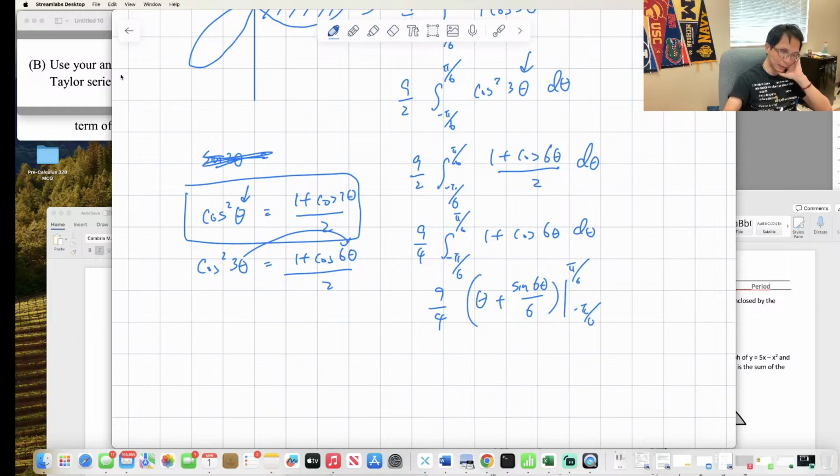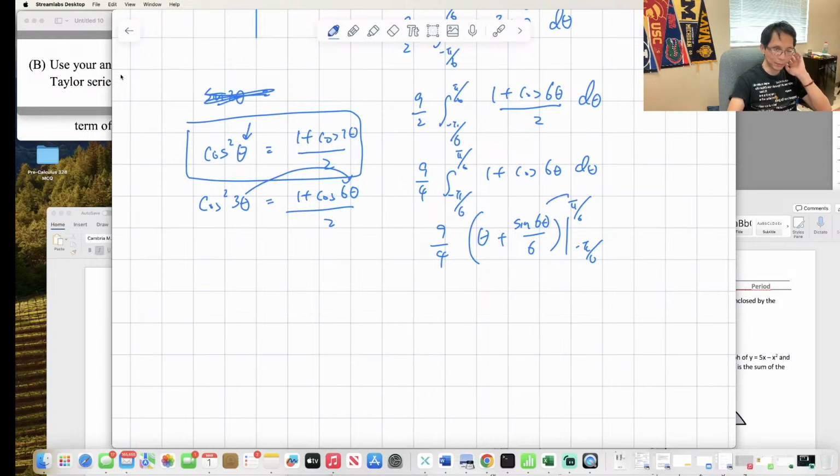Now, the interesting thing is you can plug in pi over 6 here. What is sine of 6 pi over 6? Which is sine of pi. And sine of pi is 0. So it'd be 9 over 4 of pi over 6 plus 0.